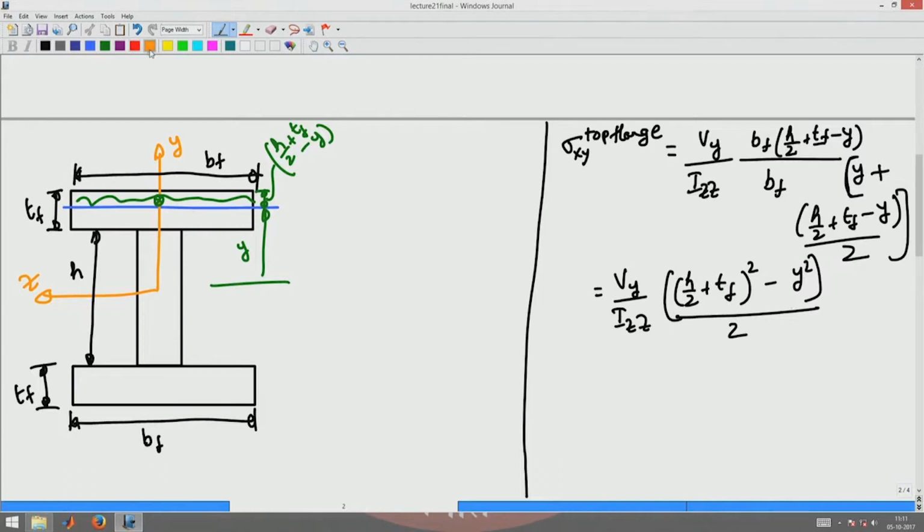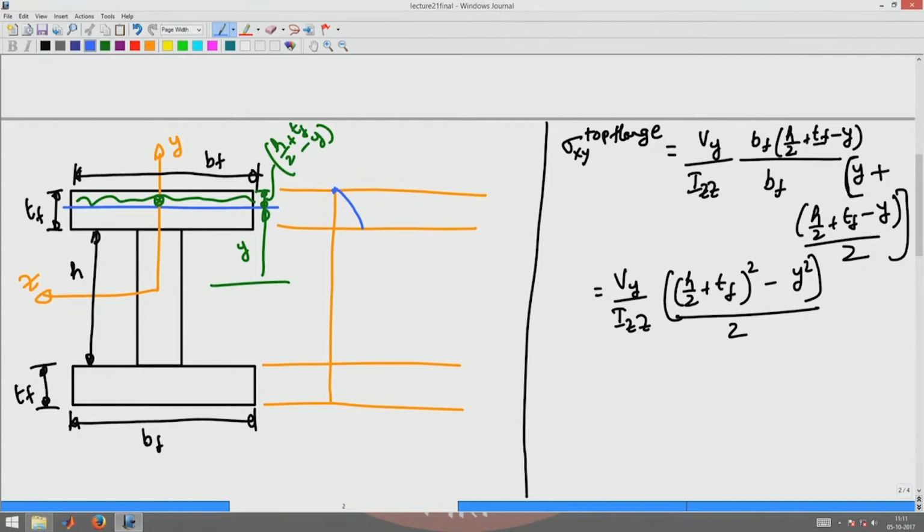So, if I were to plot the variation of this stress along the depth of the cross section, it will vary from 0 here to some value here at the bottom surface of the top flange, where y is equal to h by 2.